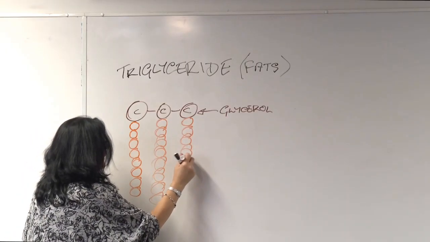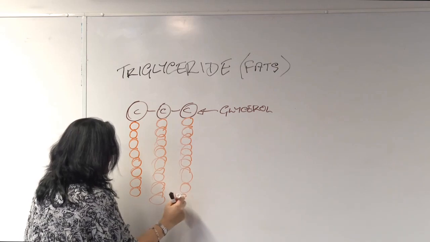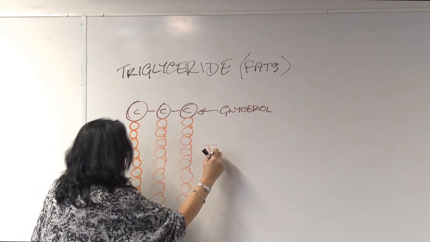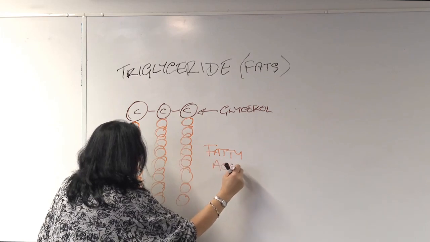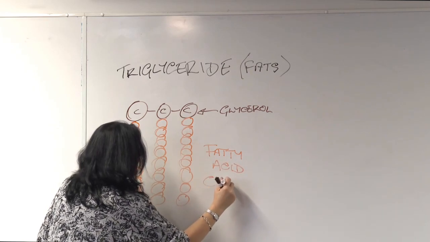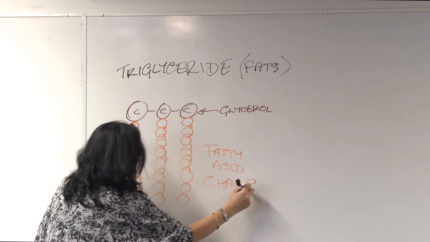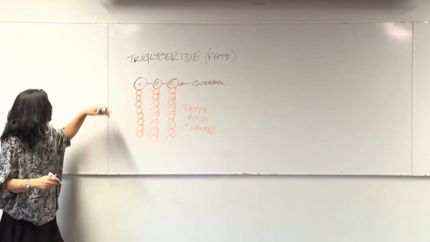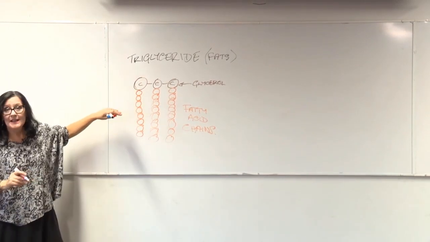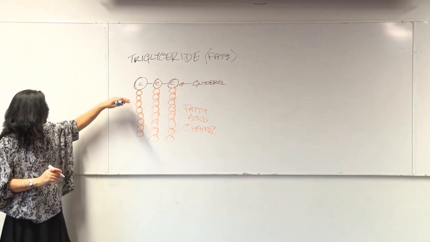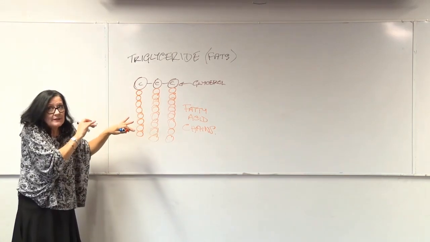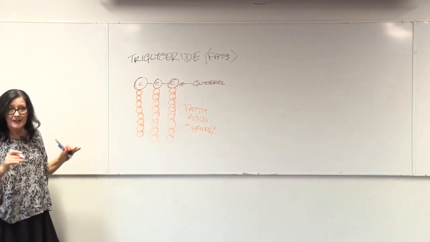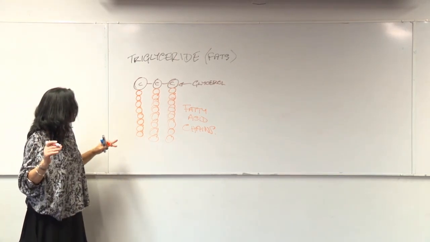So we have our fatty acid chains. Triglyceride, 3 fatty acid chains. Through the process of lipolysis, we can separate them. But we'll talk about that during the module.